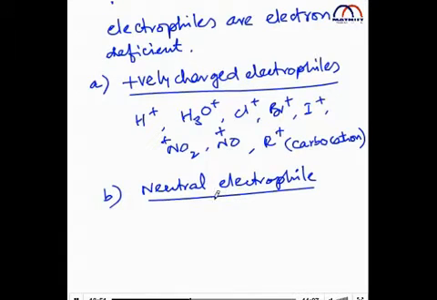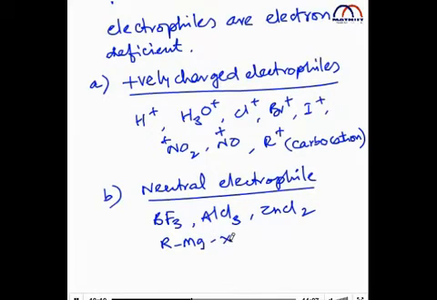Now, similarly, in the neutral molecules, we have got BF3, boron trifluoride. We know that it is an electron deficient compound. AlCl3, very often these are used as electrophiles in organic reactions there. Zinc chloride. Then, you know what are the Grignard reagents? You have studied in your 11th class.